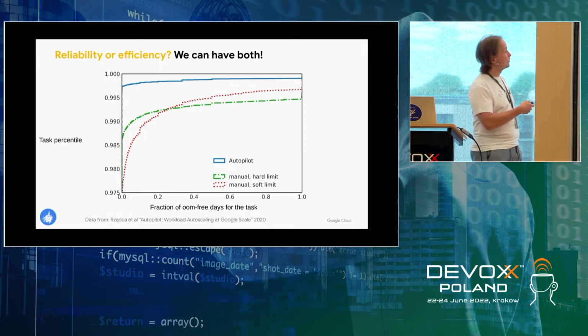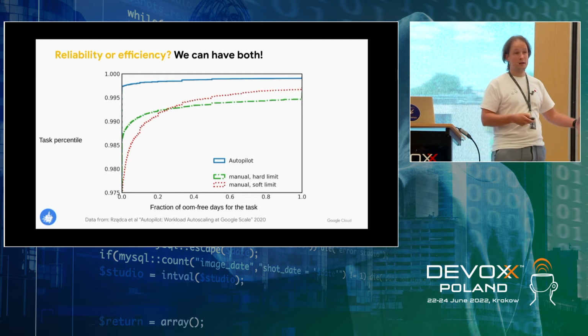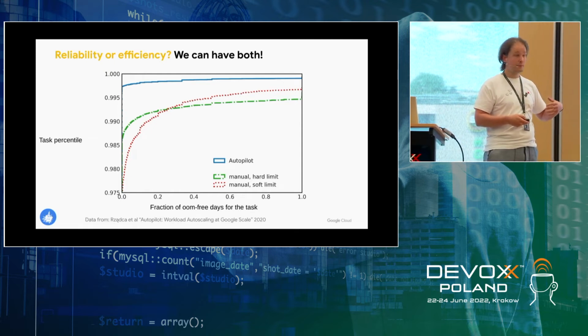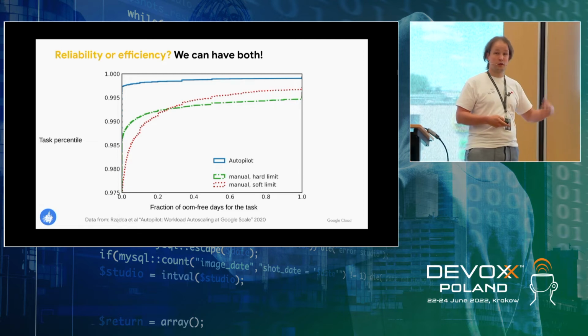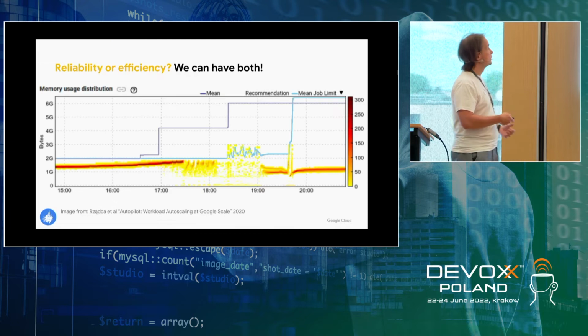And the fraction of free days is way higher for autopiloted jobs. But why is this higher? Why can we get good reliability with less safety buffers?